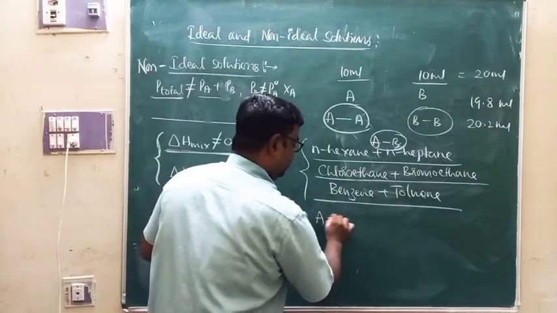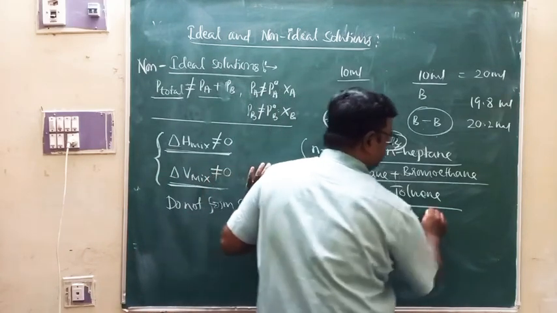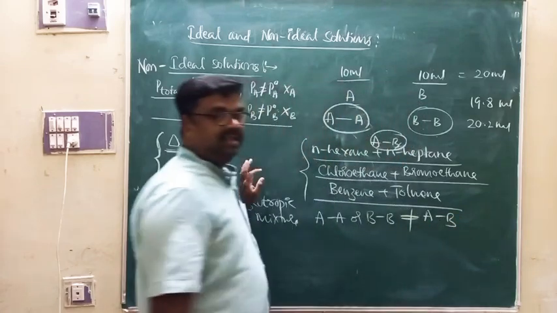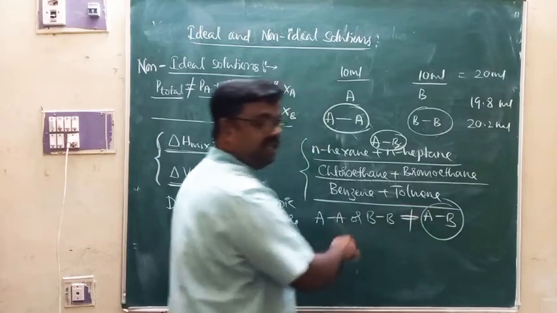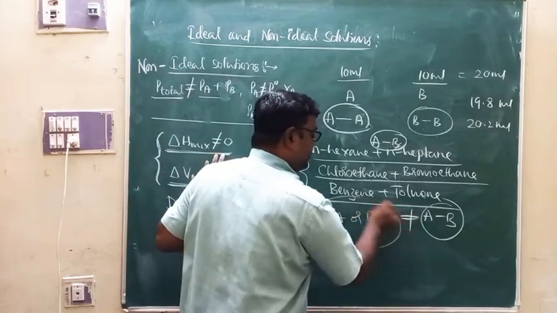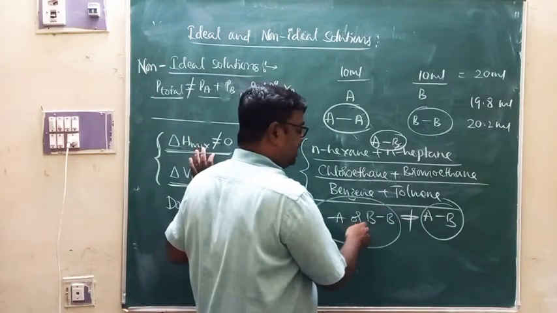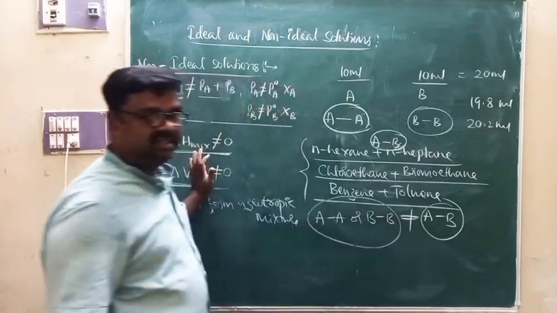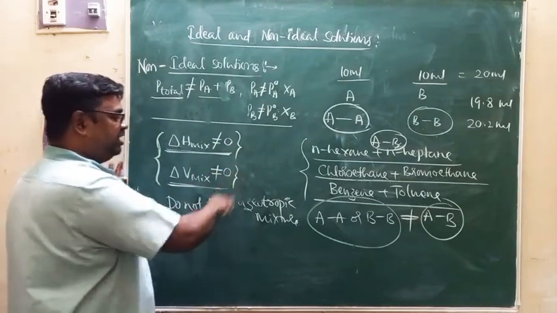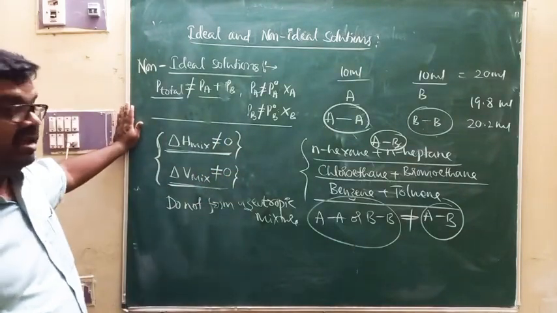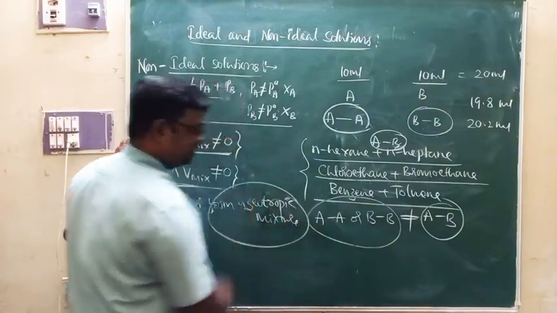That is, A to A interactions or B to B interactions are not equal to AB interactions. AB interactions are there in solution. These interactions are different from this. I mean, AA or BB interactions may be less than AB interactions, or AA or BB interactions are greater than AB interactions. Because of that, delta H of mixing is not equal to 0, delta V of mixing is not equal to 0. And of course, non-ideal solutions will form azeotropic mixtures.